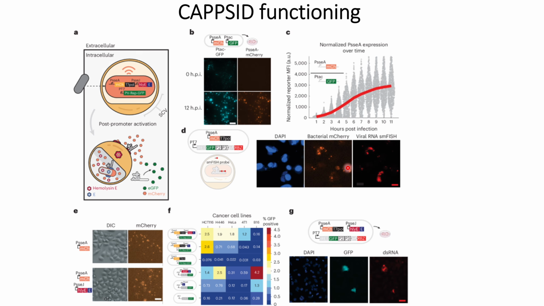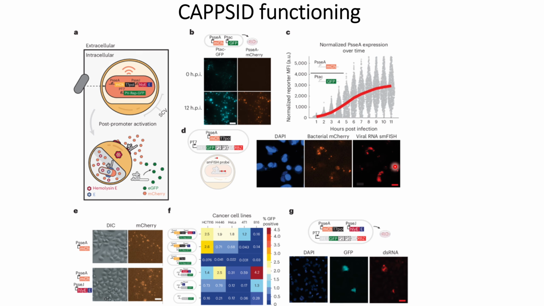And this viral RNA SM FISH is basically the red signals that they can see once the viral particles are being translated.